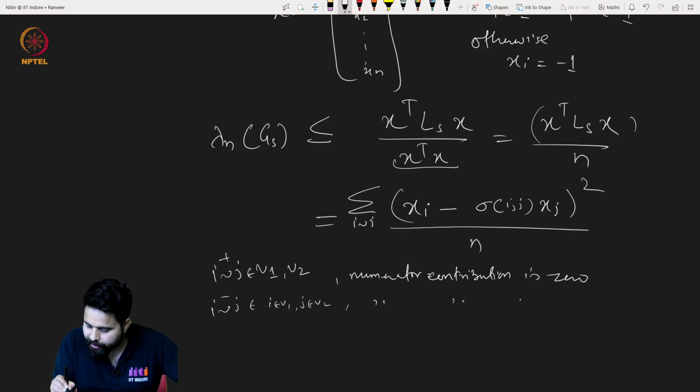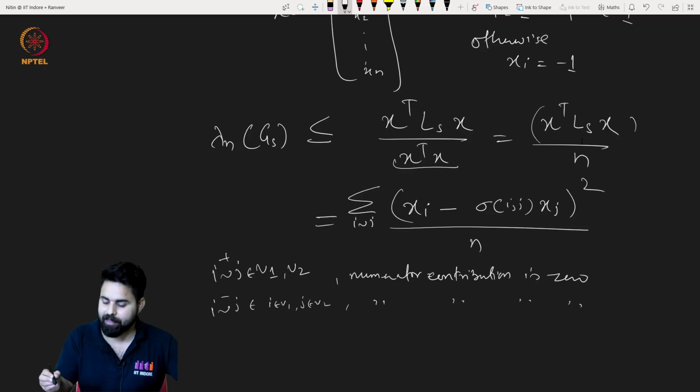Then also the numerator is 0, because in this case the sign will be negative, but this is already a negative edge. So in this case x_i will be 1, x_j will be -1, and then there is also a minus before this.